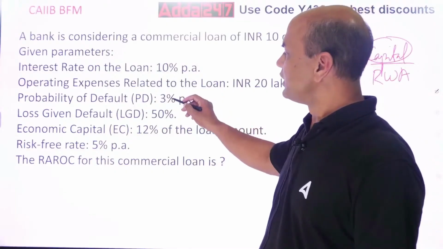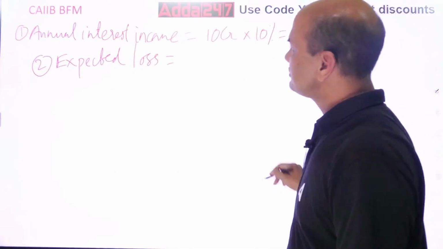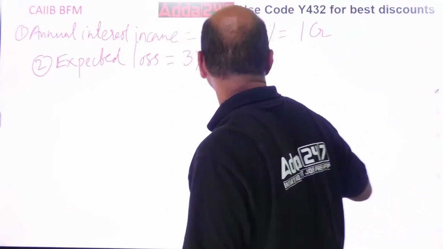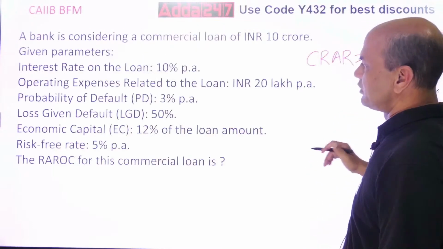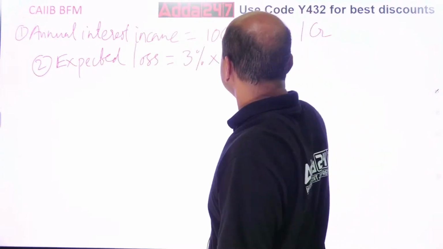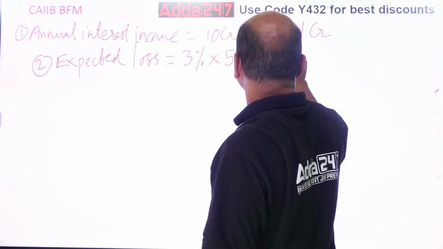So 3% into 50% into the loan amount. What is the loan amount? 10 CR.